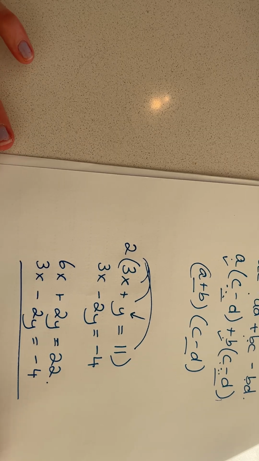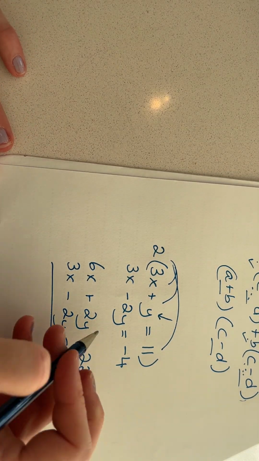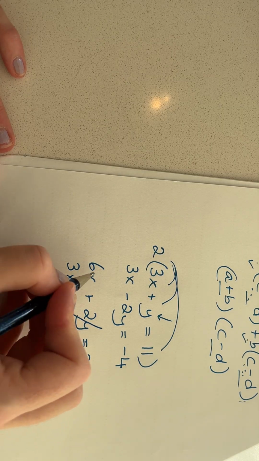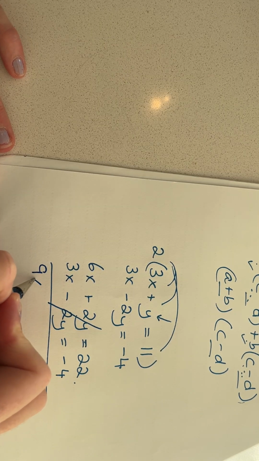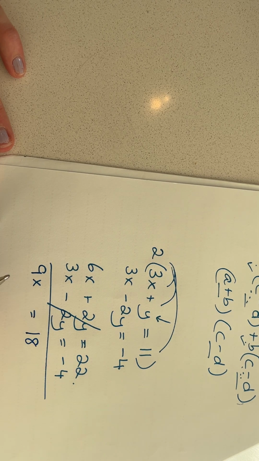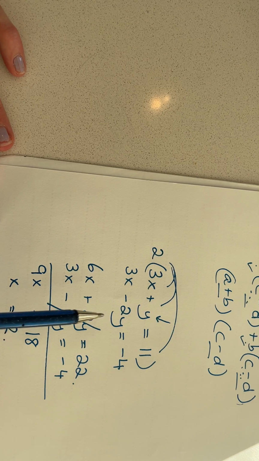And now I can see I have opposites here. They cross off. And then I have a 6x and a 3x gives me a 9x. And I have a 22 minus a 4 gives me 18. 9 times some number gives me 18. Or you can always just bring the 9 over, it becomes division. You'd end up with x is 2. Take the easiest equation, so maybe that very first one looks like it's the easiest.